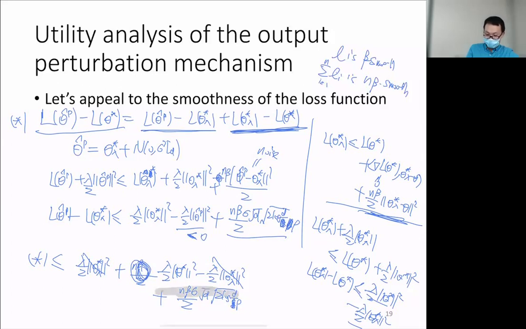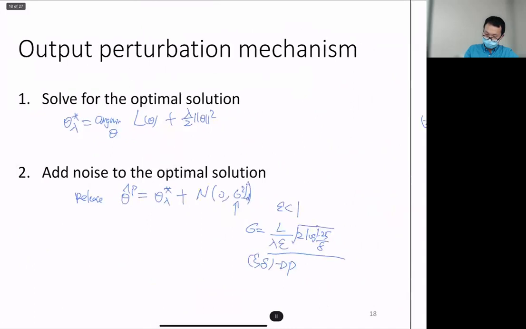So let me erase this part so that I have space to write it. Okay, so 2n beta and this sigma parameter, let's look at it again.